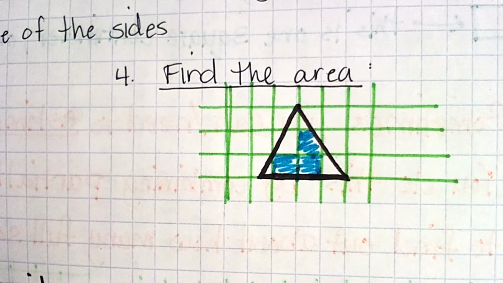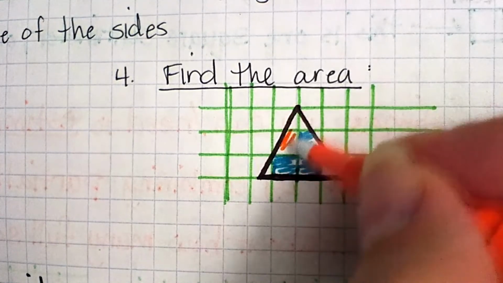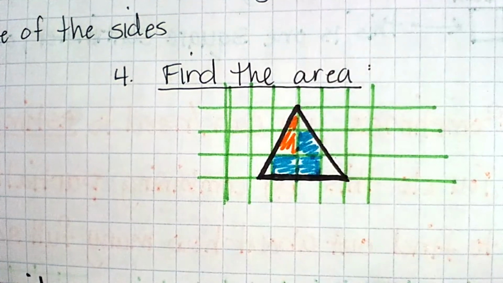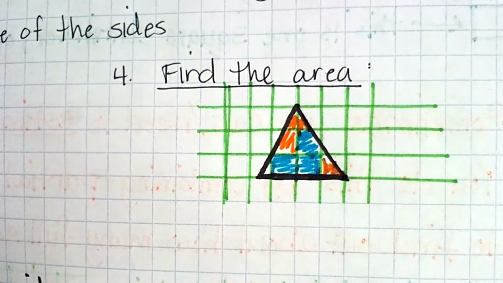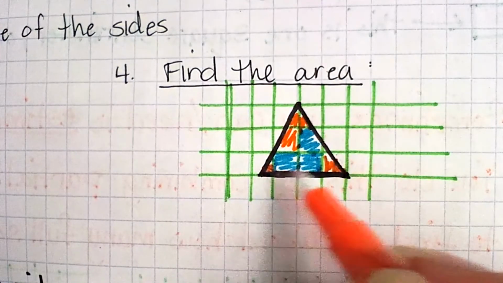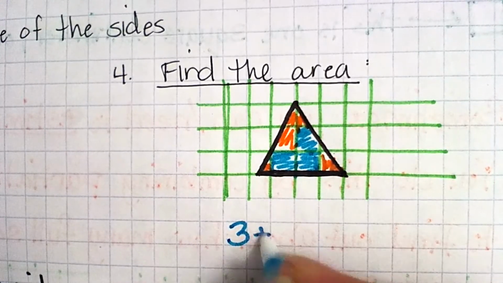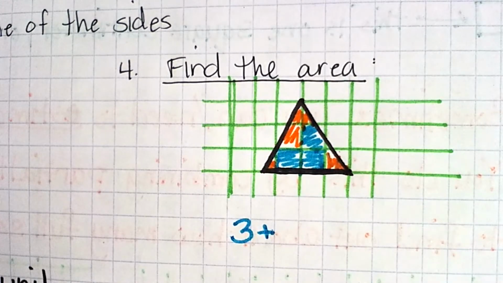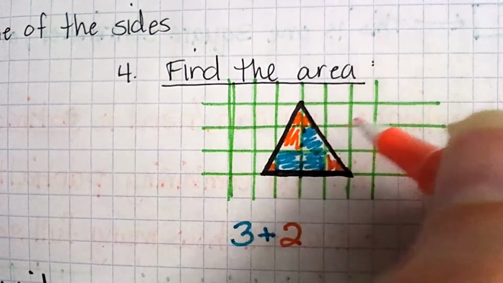And then we can put this one with this part together and say that's one. We can take this one up here and put that one over there and say that's one. Again, it's not exact, and then you can tag this one with that little piece. It's not going to be exact. So you have 3 whole ones plus, we'll say about 2 that we made out of the halves.